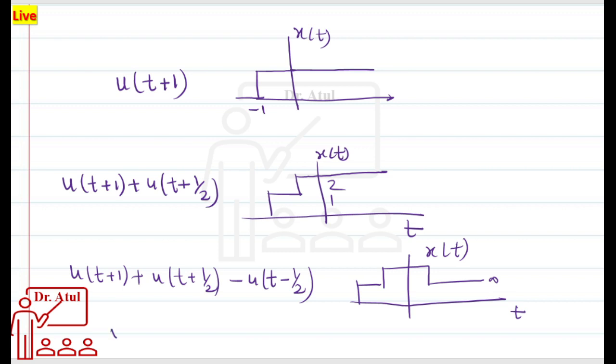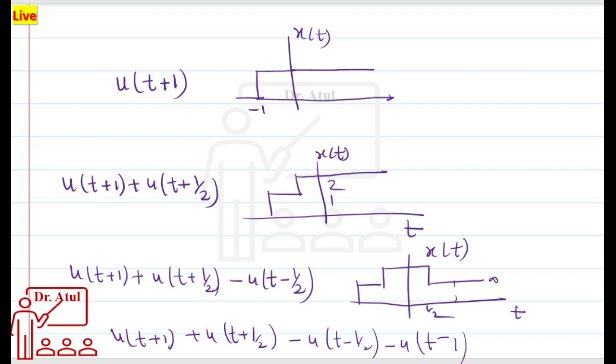So I have to write u of t plus 1 plus u of t plus 1 by 2 minus u of t minus 1 by 2 minus u of t minus 1. So at 1, this place was 1 by 2, at 1 again it will become 0.